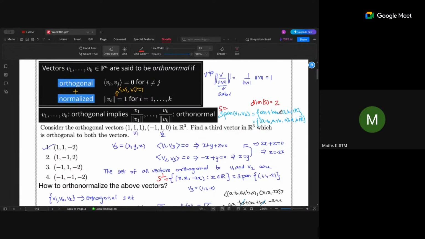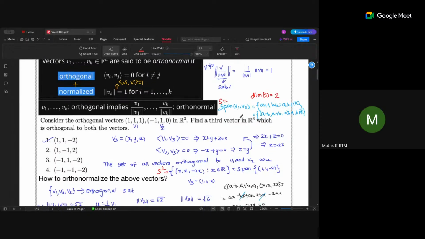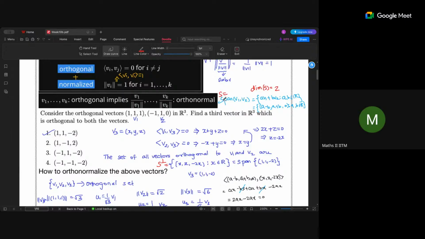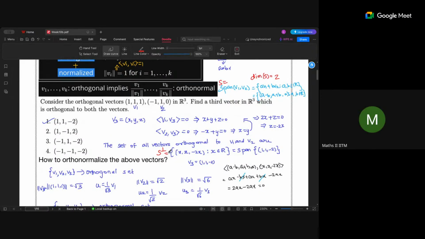Okay, because you have two vectors in the spanning set of S, two vectors are needed for spanning this set S. And what about the dimension of S perp? Come on, how many vectors are there in the spanning set? 1. 1, right?